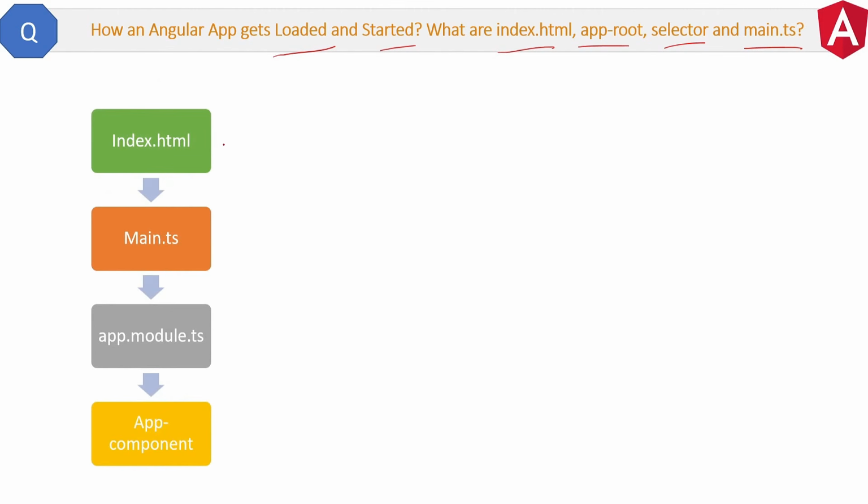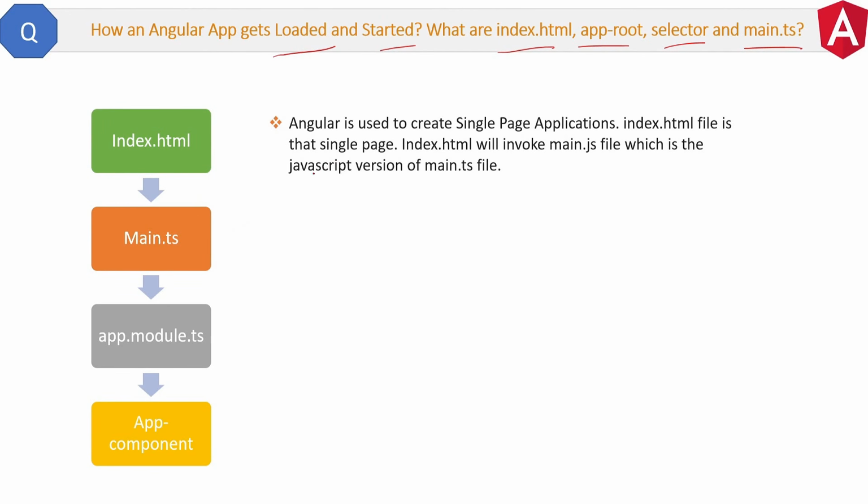See, this is the process and just remember that. When client sends the request, it first hits the index.html page. Now Angular is used to create single page applications. The index.html file is that single page. Then index.html will invoke main.js file which is the JavaScript version of main.ts file. So what is main.ts file?